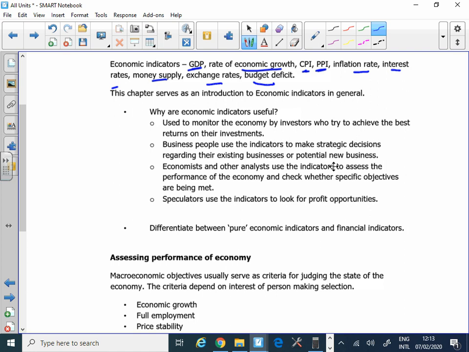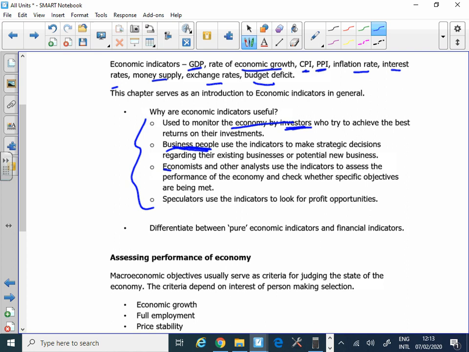Why are they useful? We have a group of people who usually need this kind of information. Firstly, it's used to monitor the economy by investors who try to achieve the best returns on their investments. Secondly, business people use the indicators to make strategic decisions regarding their existing businesses or potential new business.